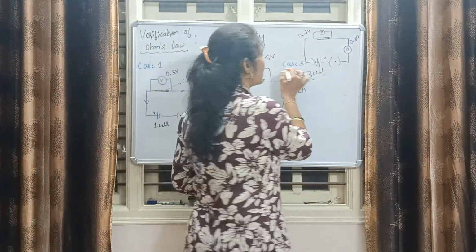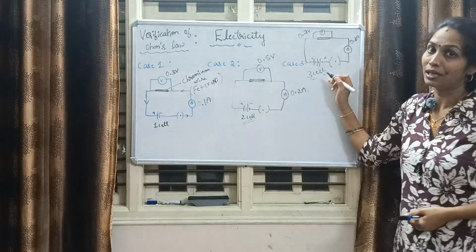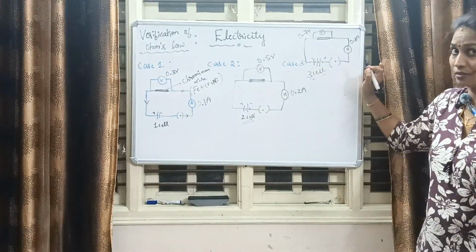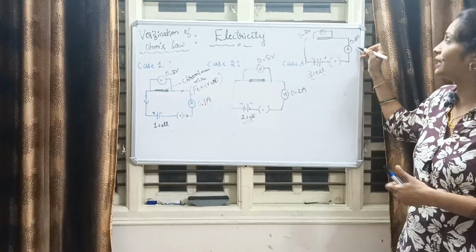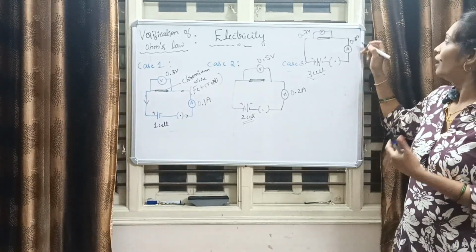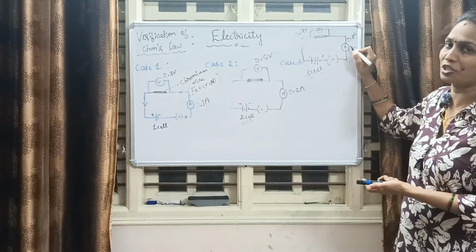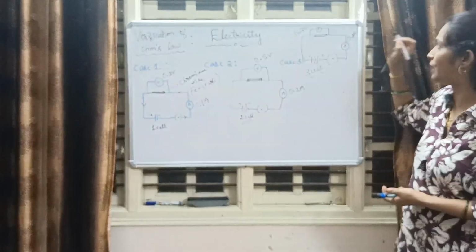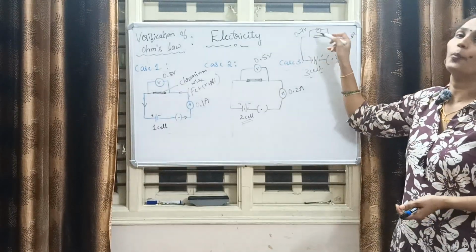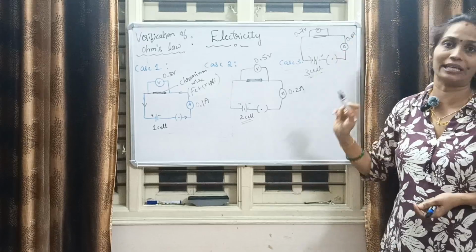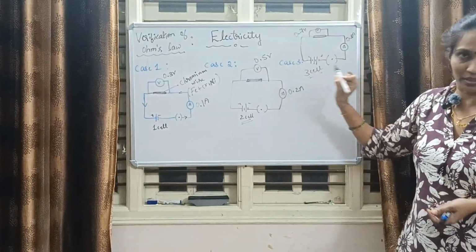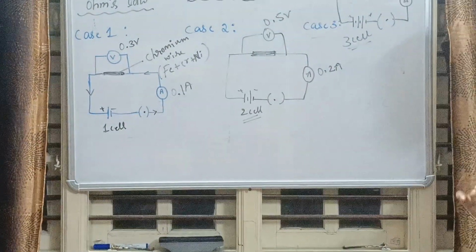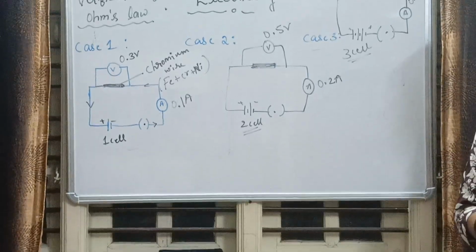In my third case, I had taken 3 cells, increasing energy. Please note this down. The current also increases to about 0.3 ampere, and the potential difference will also increase. Try to remember this one, guys. Okay. Please note down carefully.